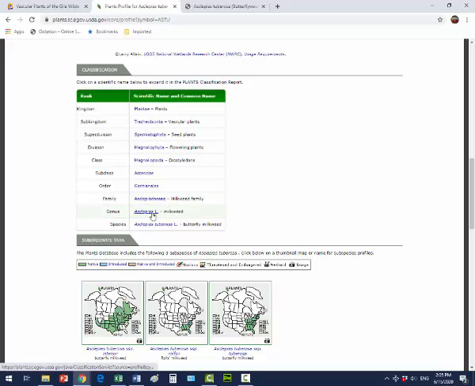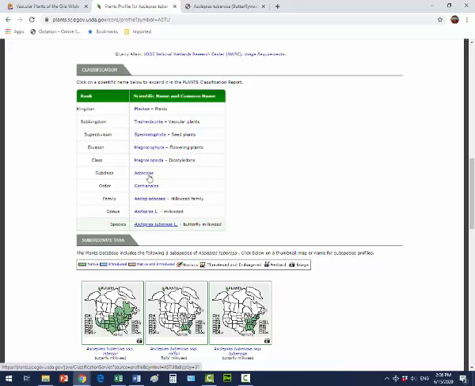And here's the genus Asclepias. This L period was described by Linnaeus. Asclepias tuberosa is the species name. Remember, Asclepias is the genus. Tuberosa is the specific epithet. Asclepias tuberosa is the species name.